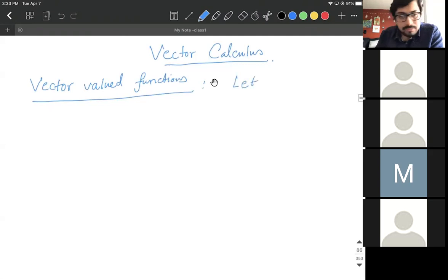Even before that, we are on page 11 of the note.